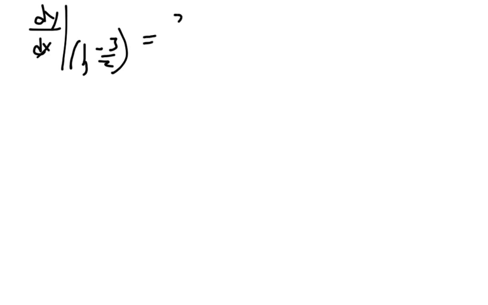So, dy/dx such that we are on the point, I'm going to start with the harder one, (1, negative 3/2), is going to equal negative 2. I'm plugging this point into the derivative. Hopefully you're writing this down.